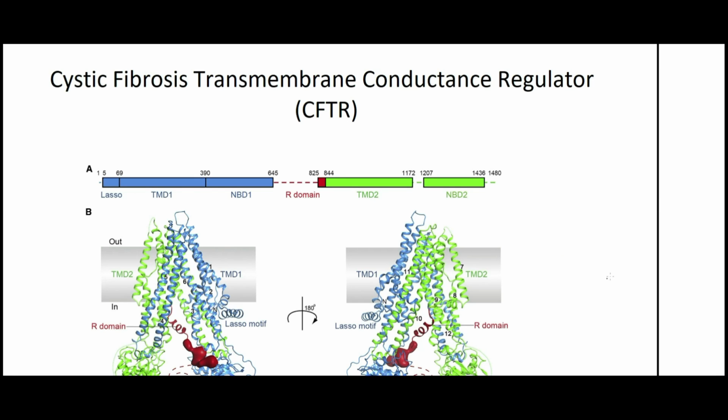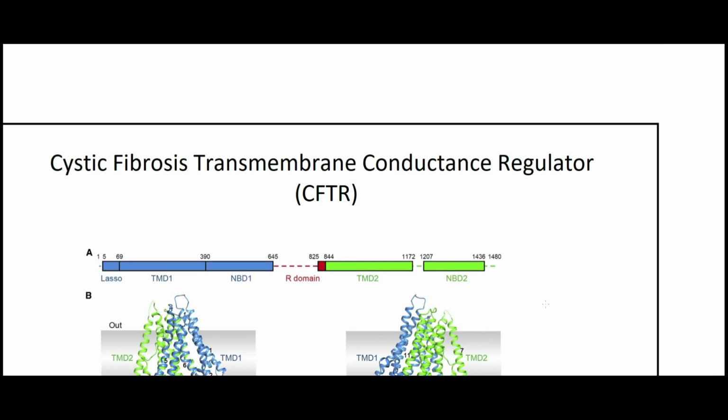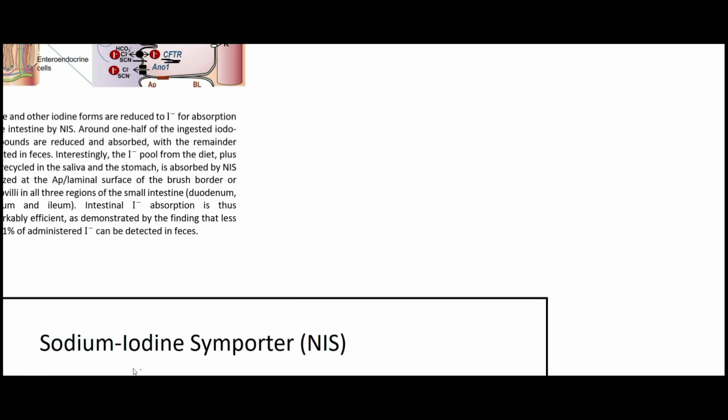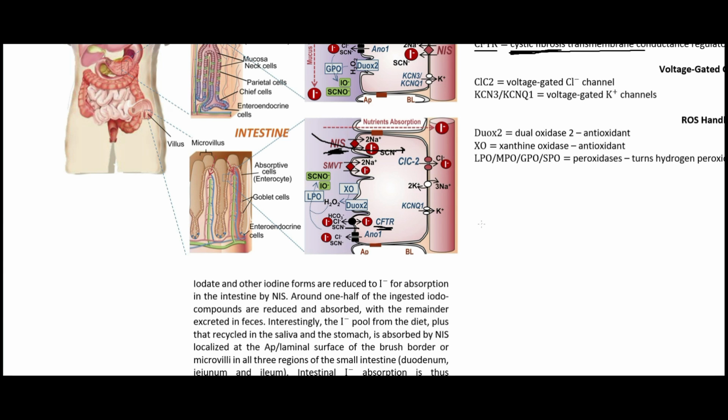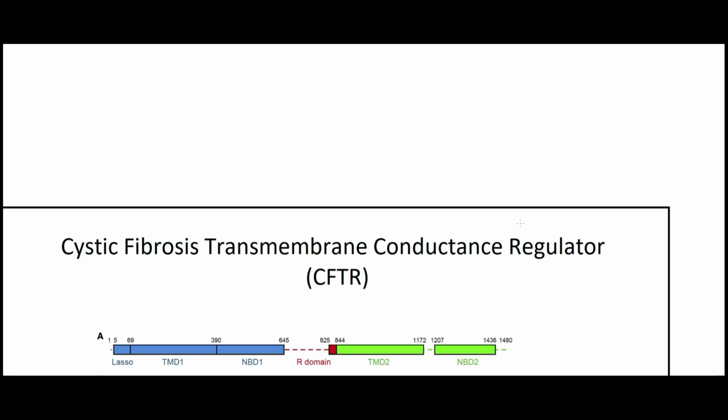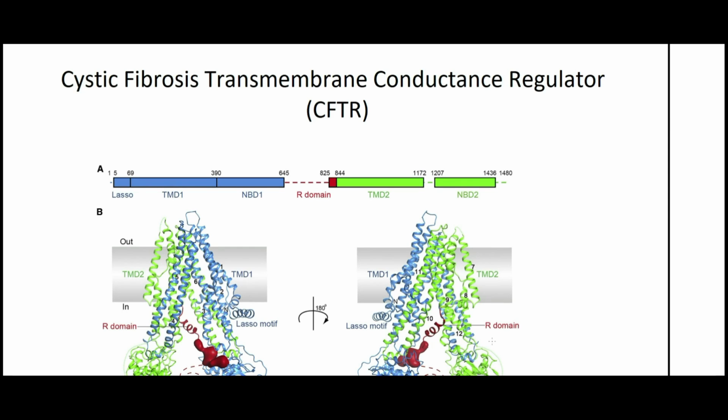And so over here we can look at the CFTR, so that's that cystic fibrosis transmembrane conductance regulator, which remember in the context of the intestine seems to have this sort of dual in and out movement of iodine, so it seems to be sort of controlling the equilibrium of the iodine in the enterocyte in the intestine.